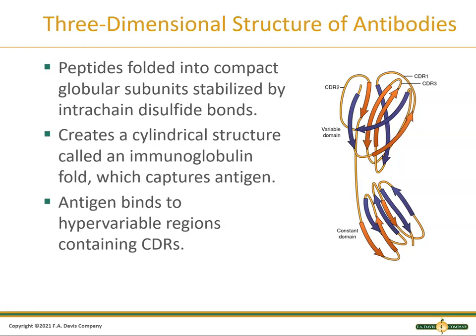That shows you what an immunoglobulin looks like. Because of this folding, it can capture antigens more easily, because the antigens are going to bind to that variable region, the Fab portion up there. It's going to attach to what they call CDR 1, 2, and 3, the CDRs up here.